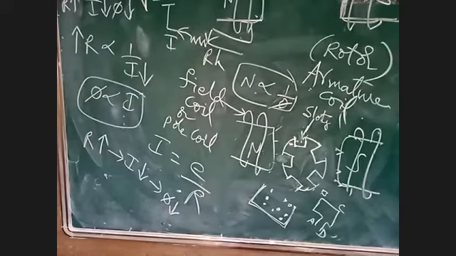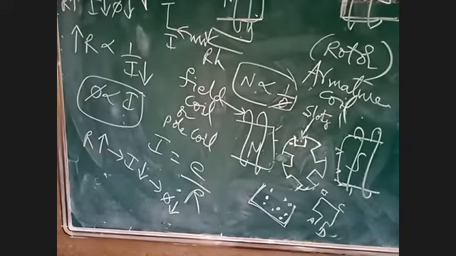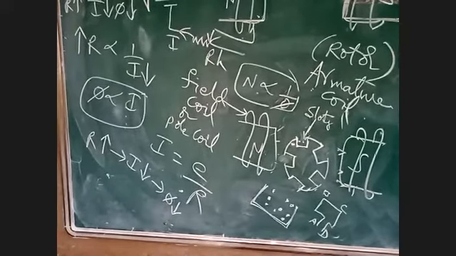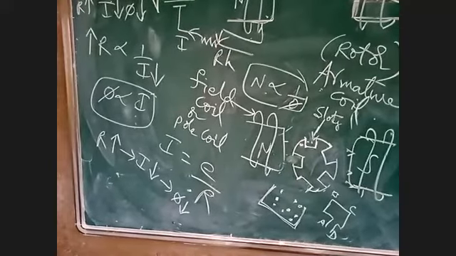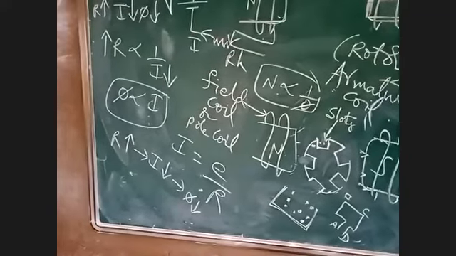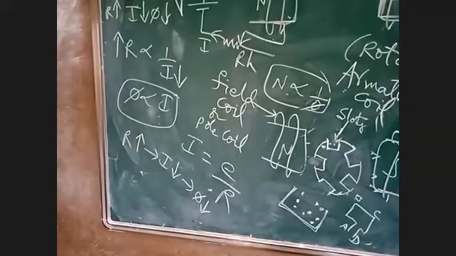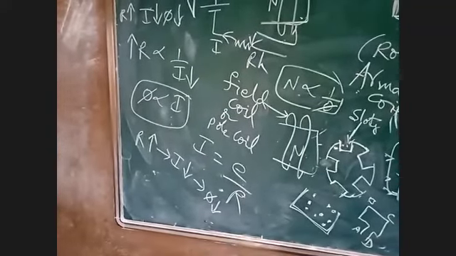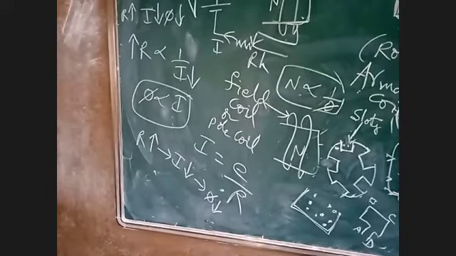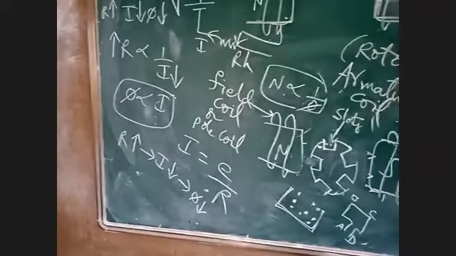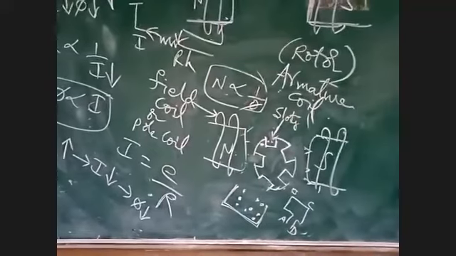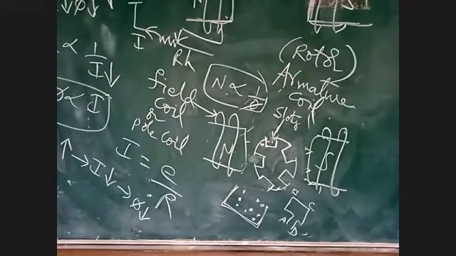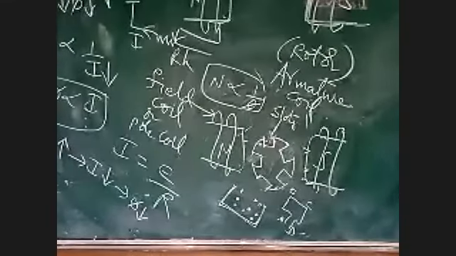Okay. One is field coil. What is the purpose of field coil? Anyone? To magnetize the iron piece, to make the iron piece as a magnet.